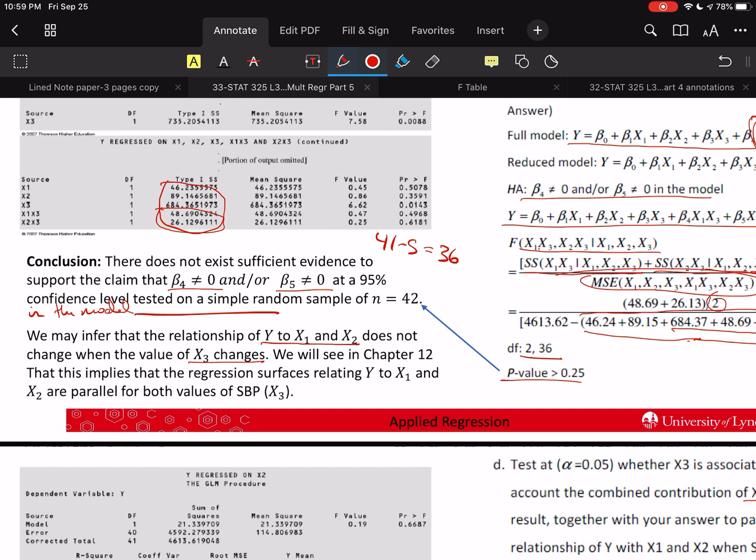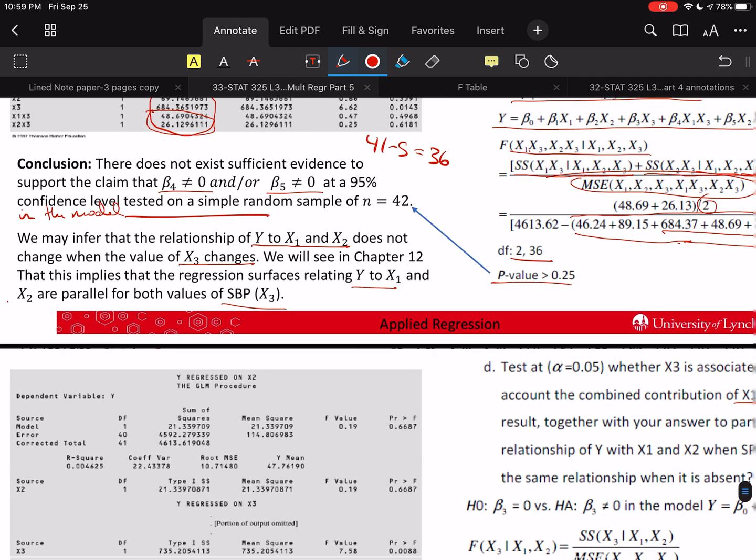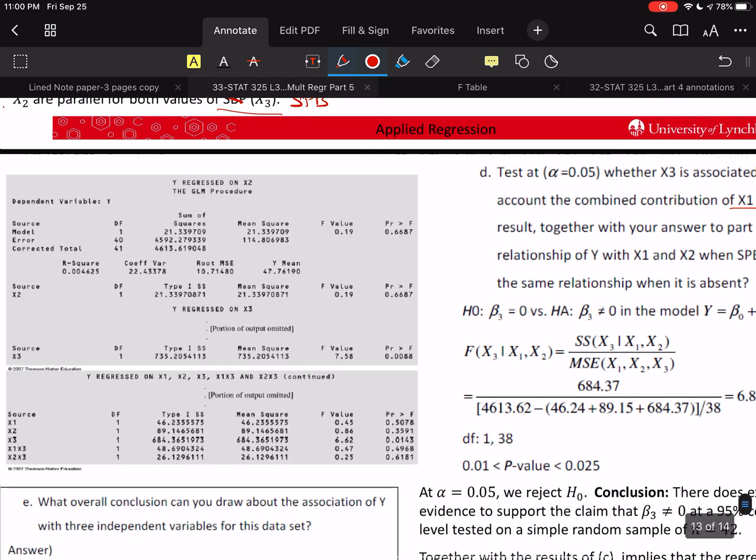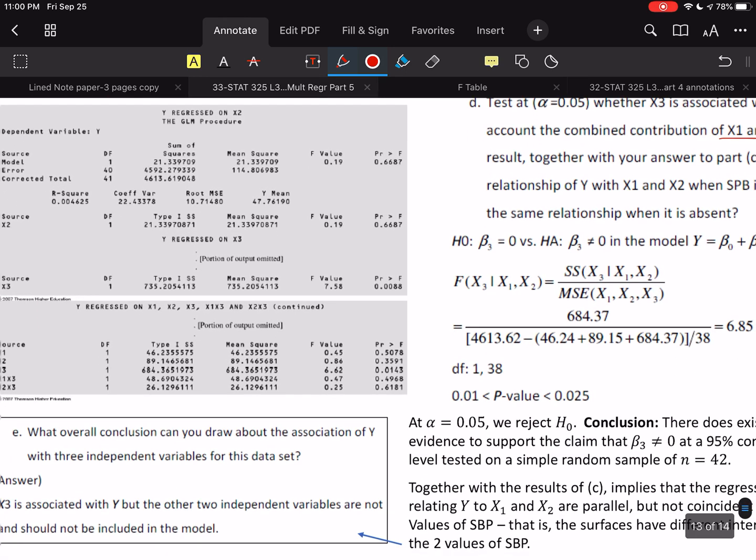But we'll see in Chapter 12 that this implies that the regression surfaces relating y to x1 and x2 are parallel for both values of SPB. Actually, it's supposed to be SPB, so that's a typo.